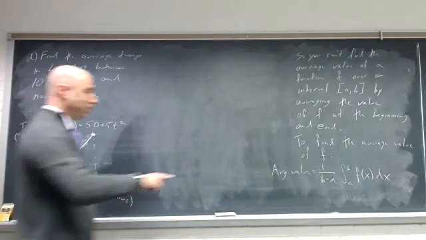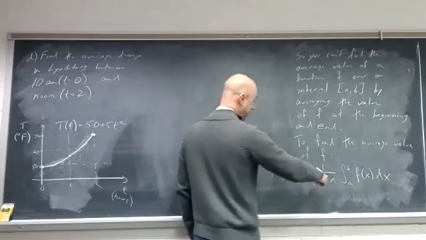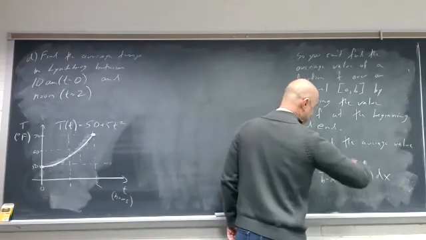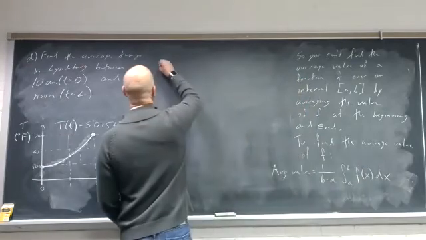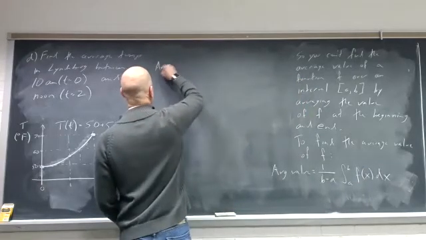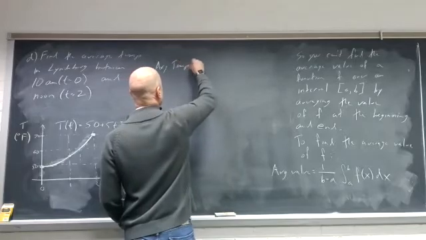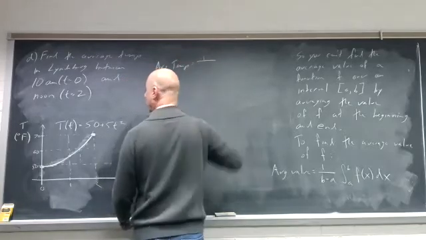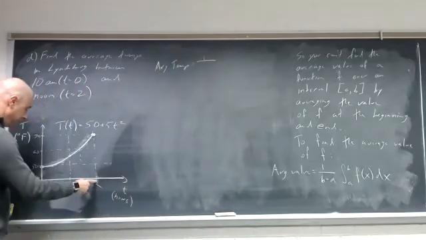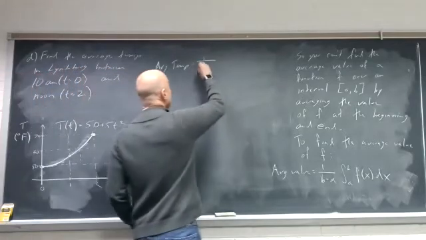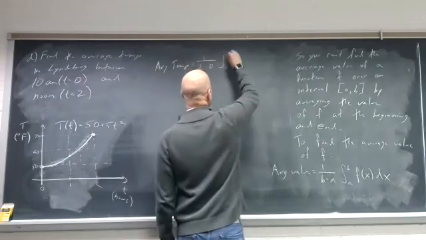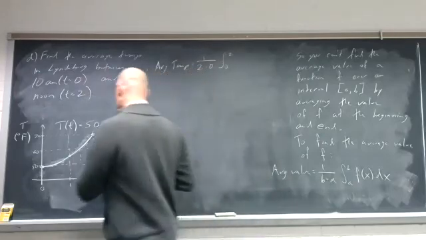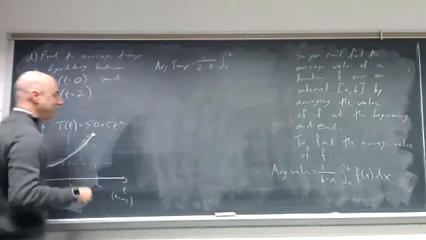So using this formula over here, which isn't really much to memorize, total area under the curve divided by the length of the interval. The average temperature equals 1 over 2 minus 0 times the integral from 0 to 2, the area under the curve of this, 50 plus 5t squared.